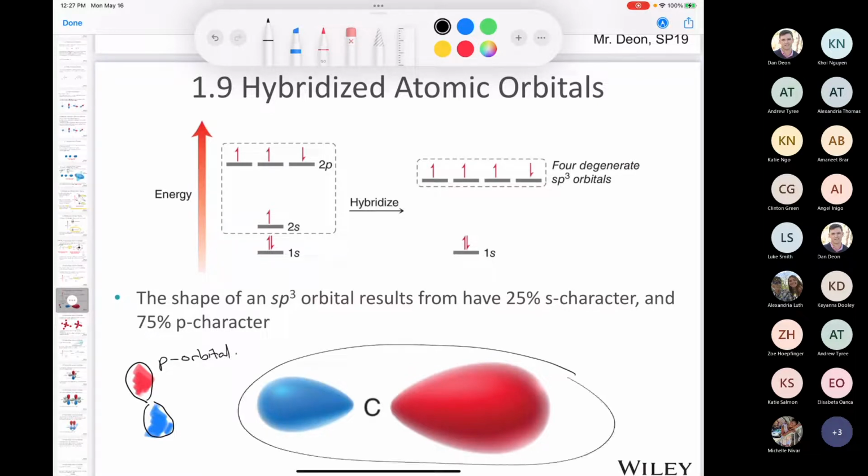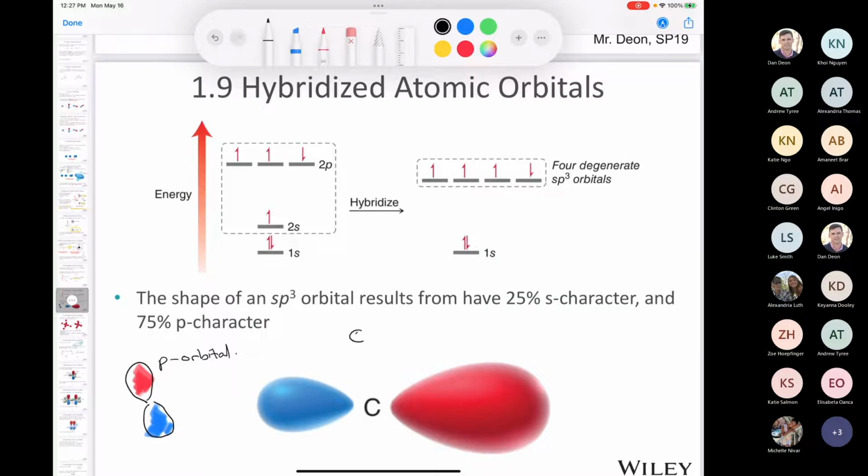This is an sp3 orbital shown on a carbon atom. You can see that one lobe is bigger than the other, and that is just a result of the mixing of an s orbital, which is smaller than the p orbitals. But I'll tell you something right now, is that when we draw an sp3 hybrid orbital in organic chemistry, I generally don't draw it the way it is shown here.